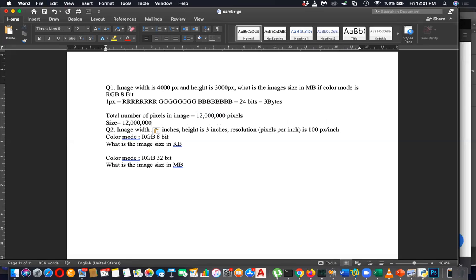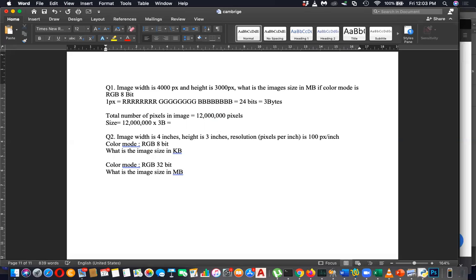So do you need any kind of formula to calculate this? I don't think so. It's common knowledge. If you know how many pixels there are and the size of one pixel, this is the number of bytes in your image.